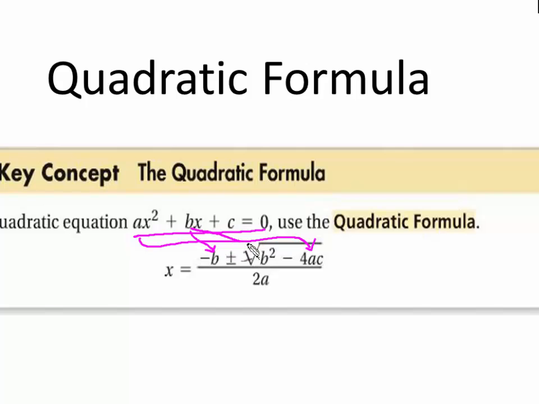So this is b right here and c is right here. So it's minus b plus and minus square root of b squared minus 4ac over 2a. If you have all the variables of these coefficients a, b, and the constant c, then you can use the quadratic formula to solve for x.